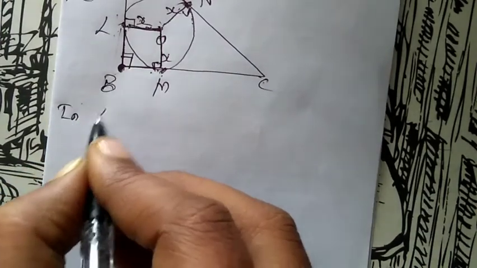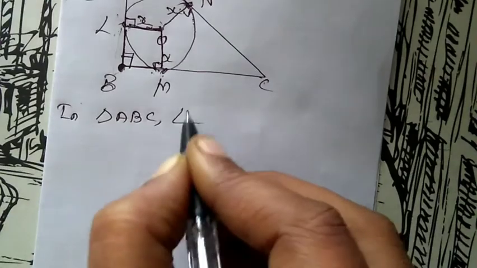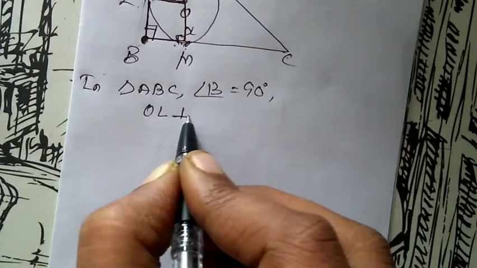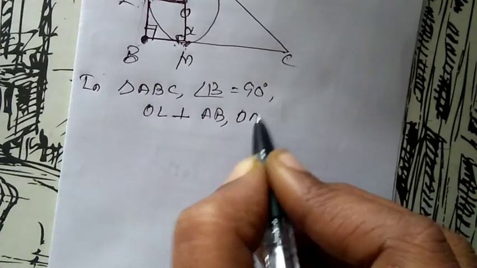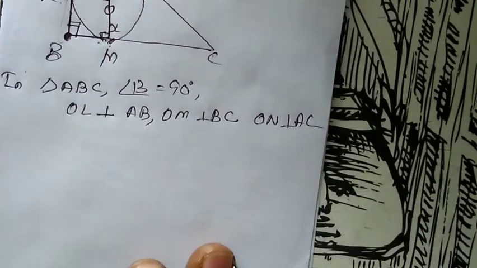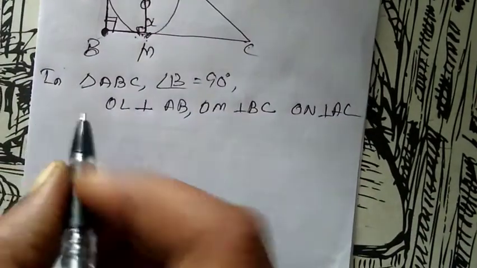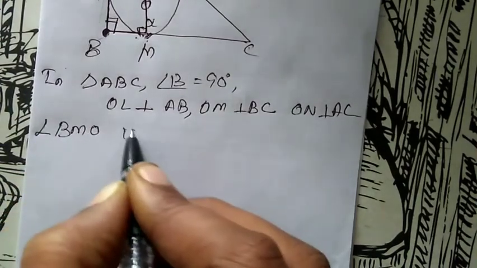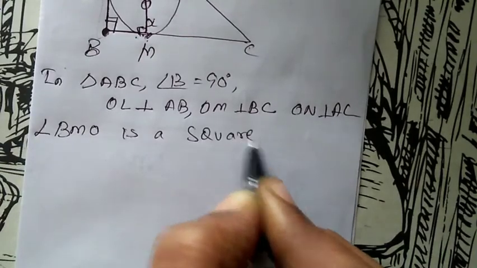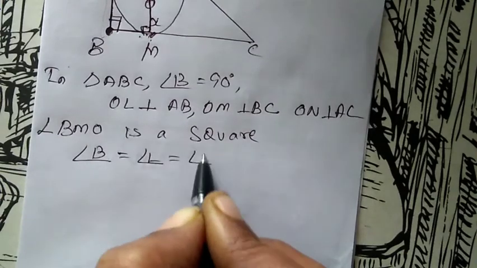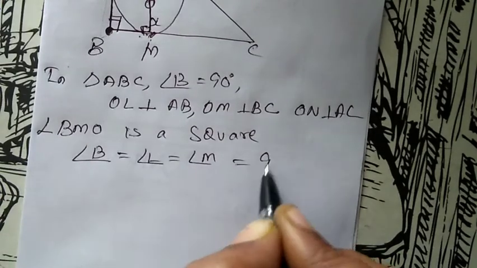So we do the sum now. What is given? In triangle ABC, angle B is 90, and OL is perpendicular to AB, OM is perpendicular to BC, ON perpendicular to AC. After joining, we find LBMO is a square, because angle B equal to angle L equal to angle M, all are 90 degree.